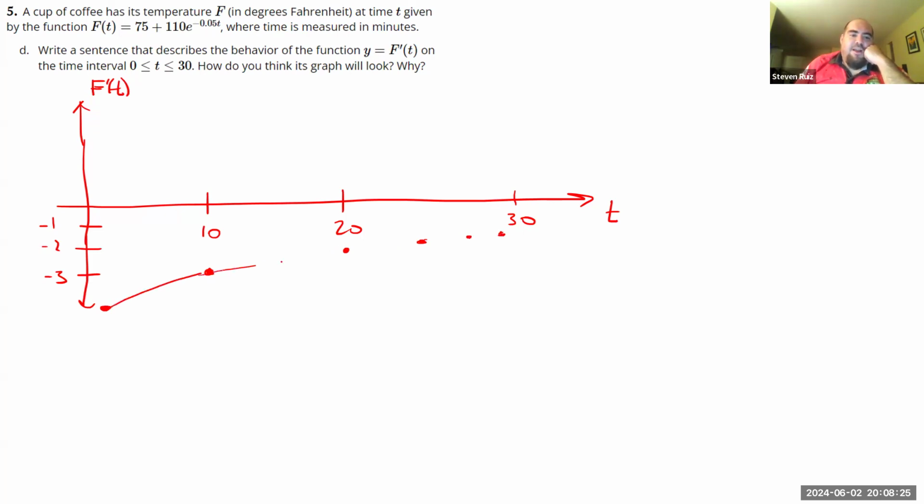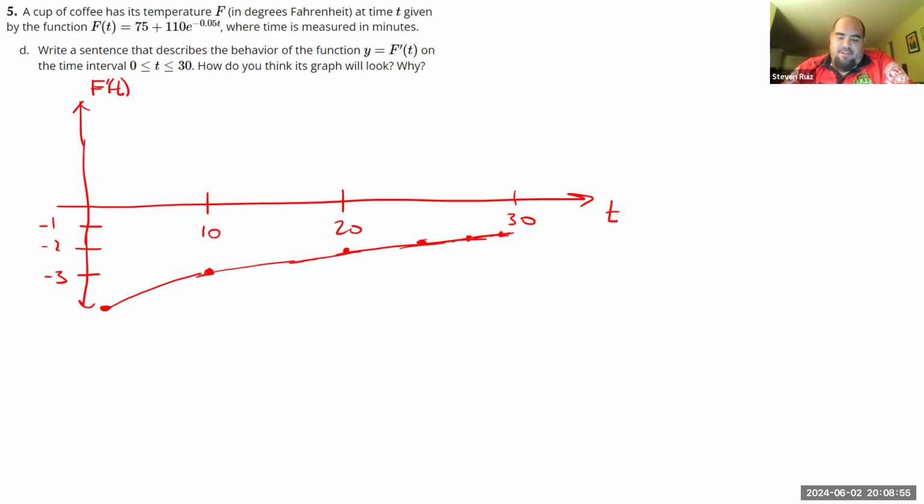One thing I want to point out about my graph here is that these derivatives are all negative. So does that make sense? What does it mean that all these derivatives are going to be negative? Well, since we're talking about f prime, which is the rate at which the temperature of this coffee cup changes with respect to time, it's always going to be cooling down.